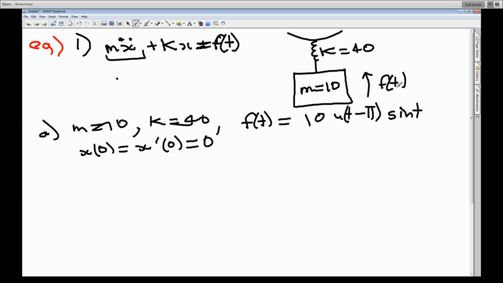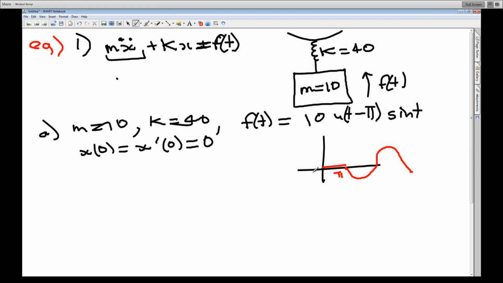So pretty much the function f(t), the force applied, is going to be 0 for a while. So let's try to draw a picture of it. So it's going to be 0 for a while. Then it gets to pi, and then at pi, it's going to look like sine, and sine goes up, would look like this.